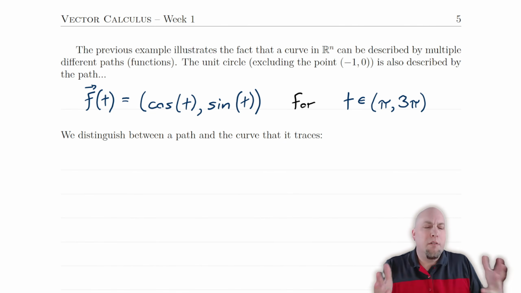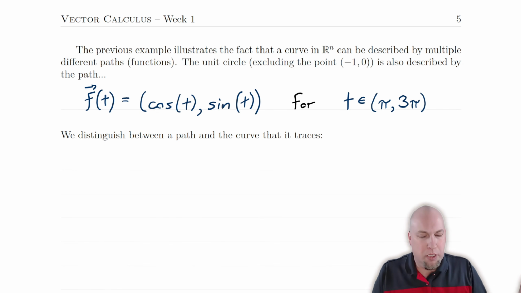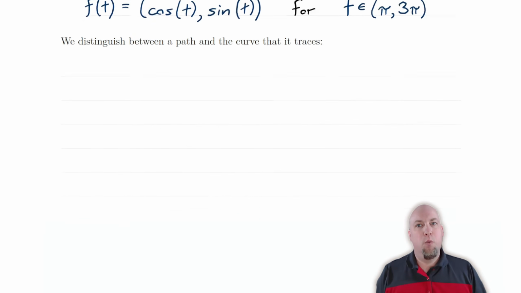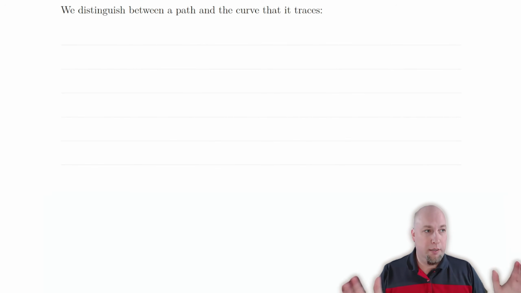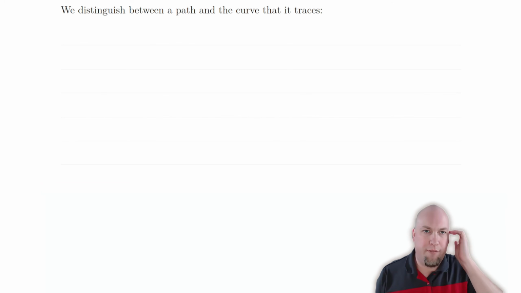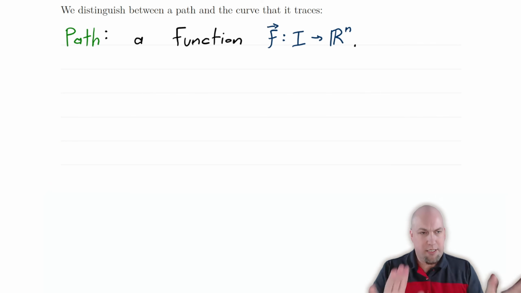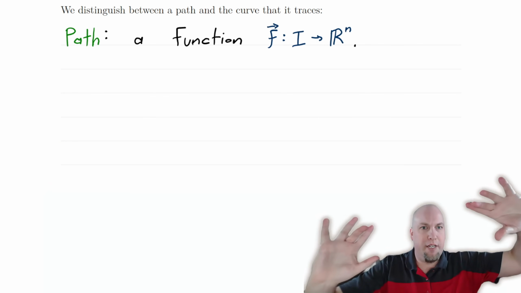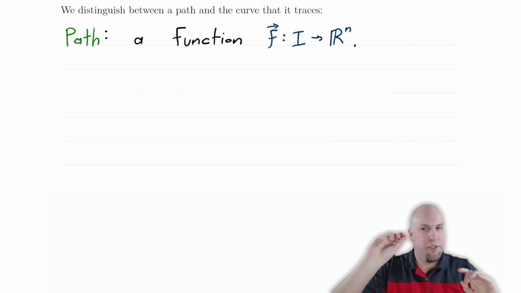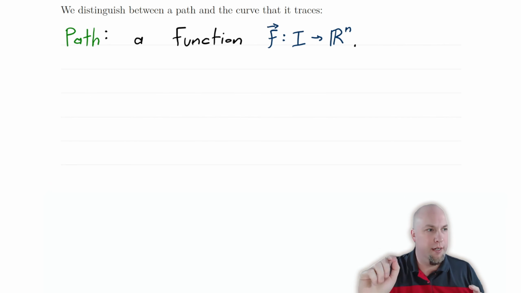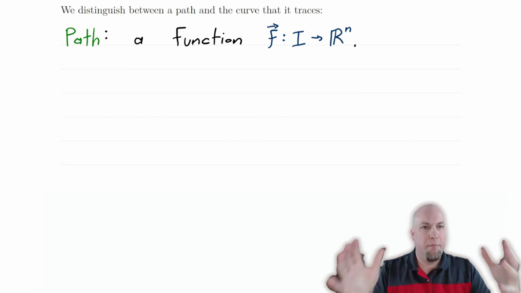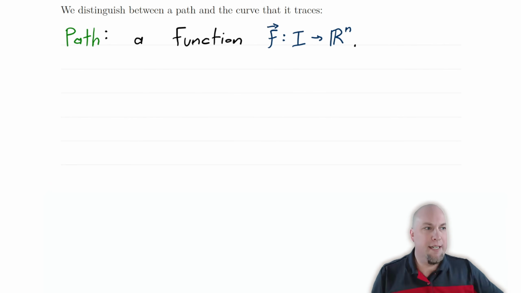And for this reason, because there are multiple different paths that do the job for us, we're going to try to be careful to distinguish between what we call a path and what we call a curve. These are two slightly different things. They're very related, but they're different. A path, as we talked about already, has a formal definition: it's a function from some interval to n-dimensional space.